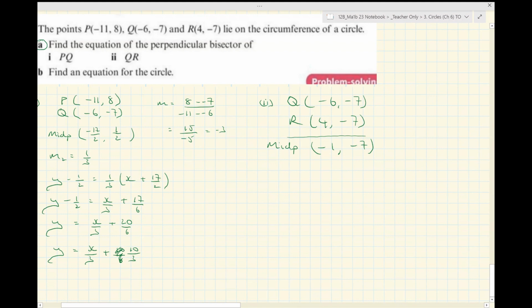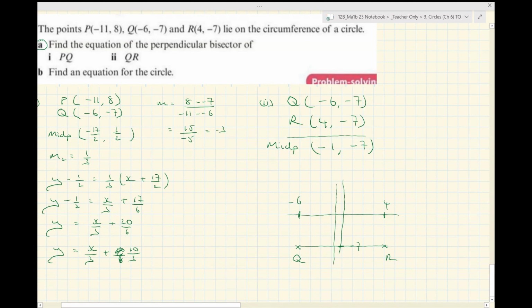So this is what's going on with this one. Here's my coordinate axis badly drawn. I've got Q, which is at minus 6, minus 7, somewhere here. And I've got R, which is at 4, minus 7. So I've got Q and R. And I'm asked to find the perpendicular bisector of Q and R. Well, Q and R is a horizontal line, so the perpendicular bisector is going to be vertical.